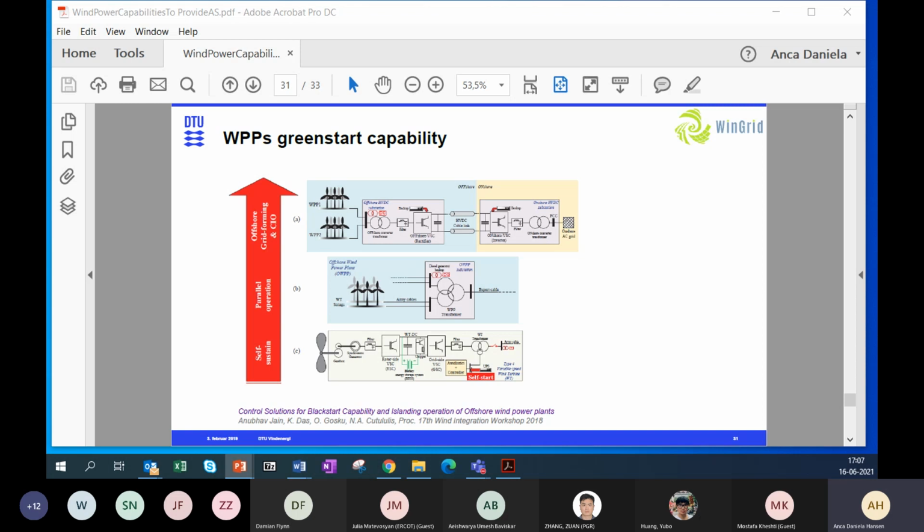And at the end, there is the so-called cluster islanded operation, which is done when the whole offshore cluster is operating and connected to the main onshore grid. And for sure, Nikos could tell you a lot about this, as he has had some PhD students working on that.